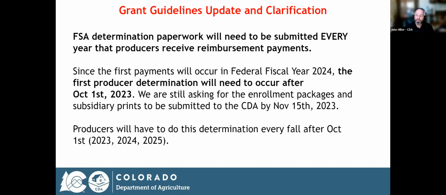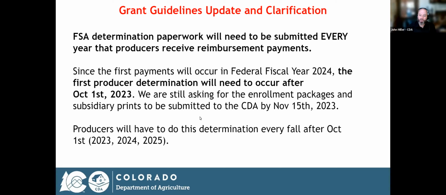FSA does temporarily close down when the fiscal year rolls over. So there might be a week or two in there when they are unable to get that paperwork done. So they need to contact the FSA office first and see when they can get in there to fill out the paperwork for FY 2024.